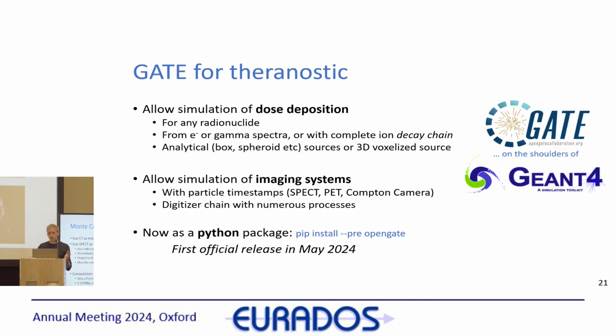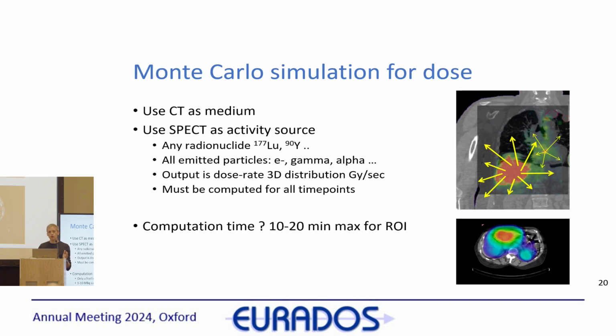What about the computation time? If you need to compute the full and the real activity that has been injected to the patient, this is very long because you need 7.5 gigabecquerel for each patient, but you don't need that. You only want that the statistical uncertainty reach a certain level.